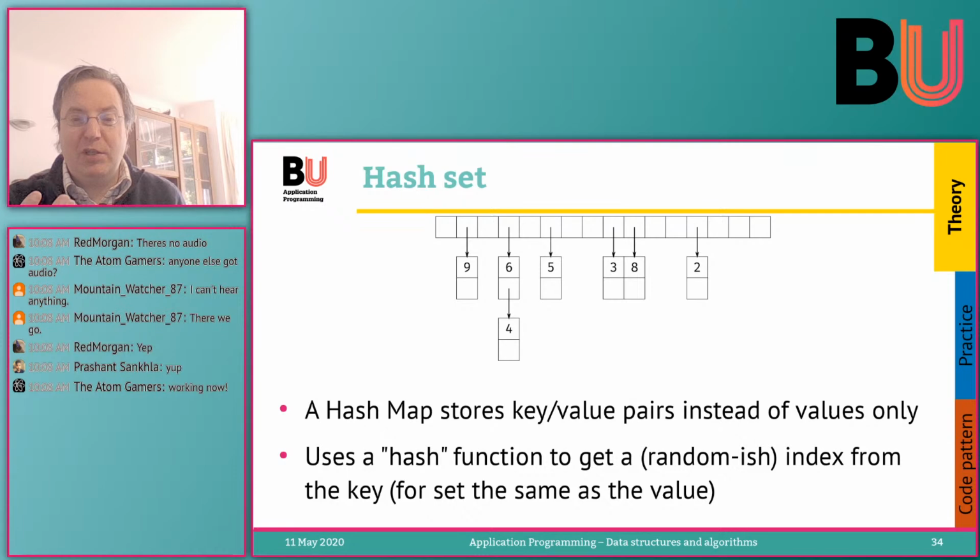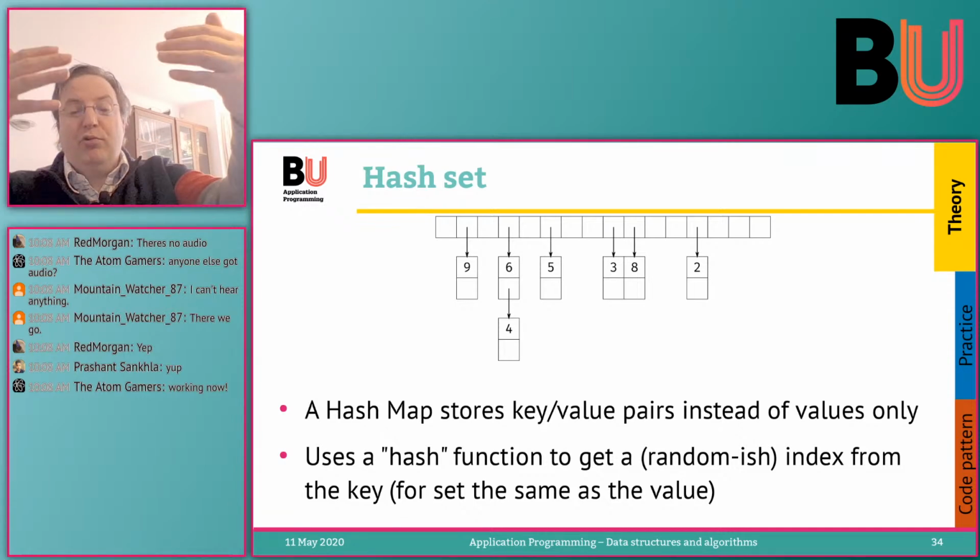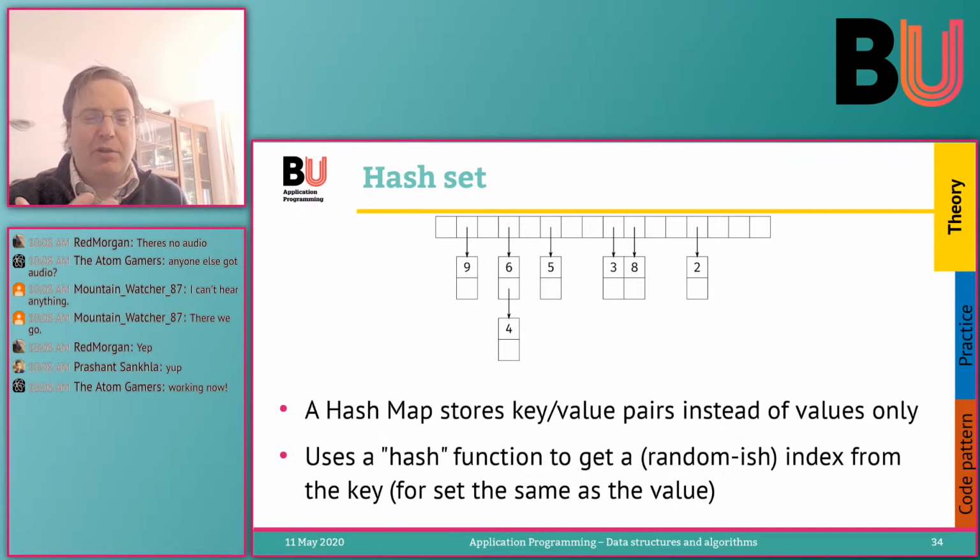That's what a hash map does. Basically, it takes a number that you calculate from your key. That number you then use as an index into an array, and then you have a link. And every array slot is basically the starting point of a linked list to hold the actual data. It could be an array list or something like that, with all the values with that particular key.